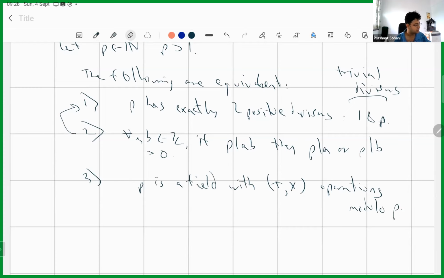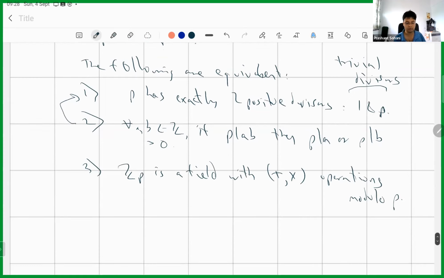This is something that most of you may not have seen before, so I'll introduce this notation also. But all 3 of them are equivalent criteria to decide whether a number is prime or not.